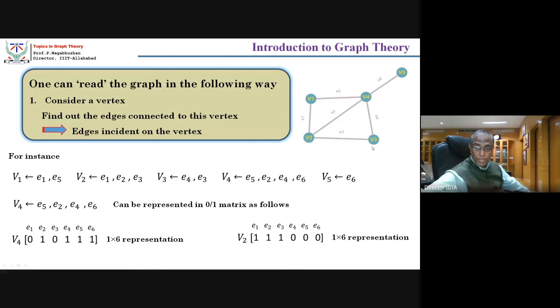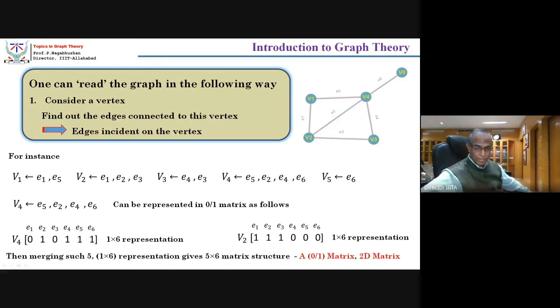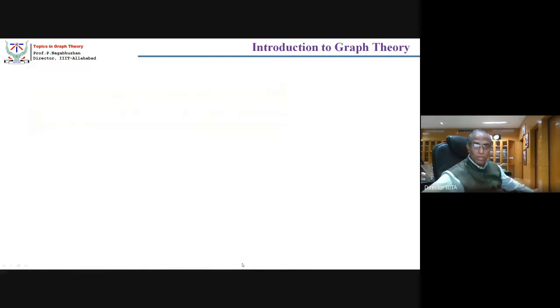Putting all of them together, I can write down a 2D representation. I can merge all such 5 1-into-6 representations, giving an overall 5 cross 6 matrix, a 2D matrix.